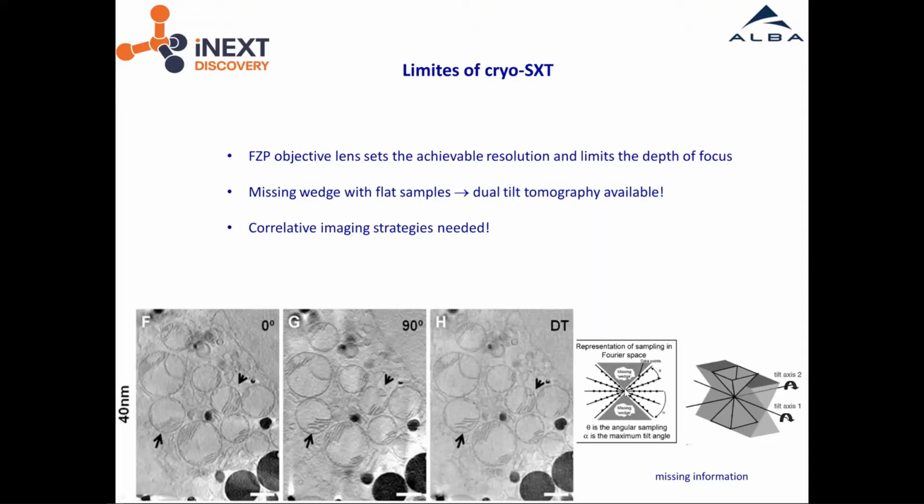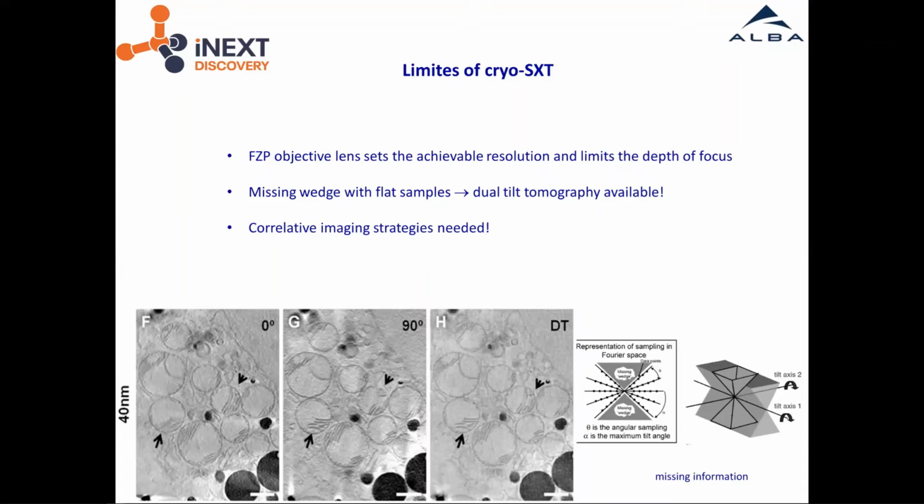And this missing wedge is visualized in your volumes, because when you have, for instance, on the F image on the bottom left corner of my slide, these mitochondria here, the cristae are not well visible because they are perpendicular to the axis of rotation. So some structures will be hidden due to this missing wedge.